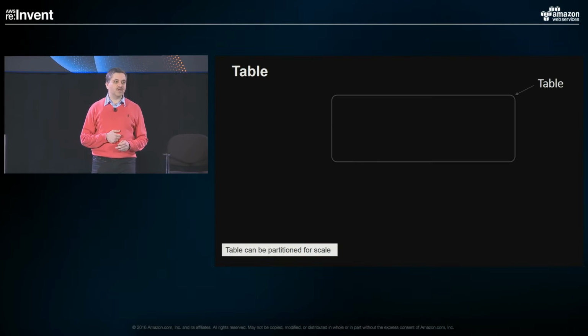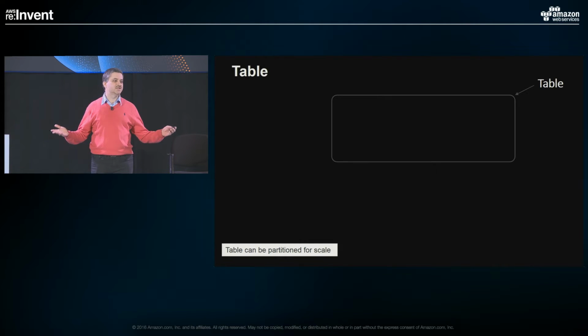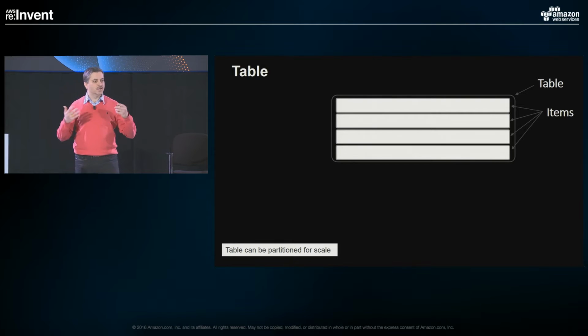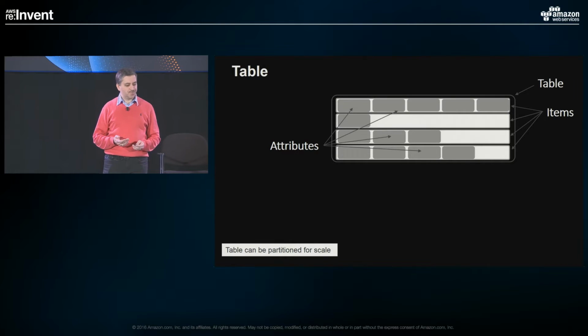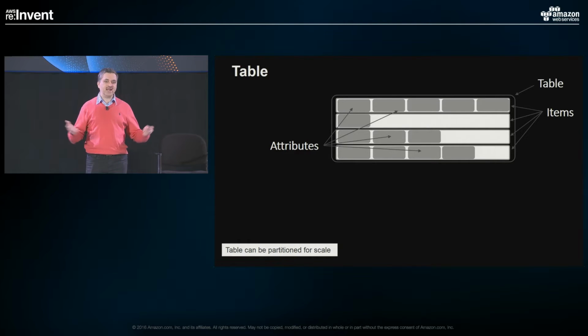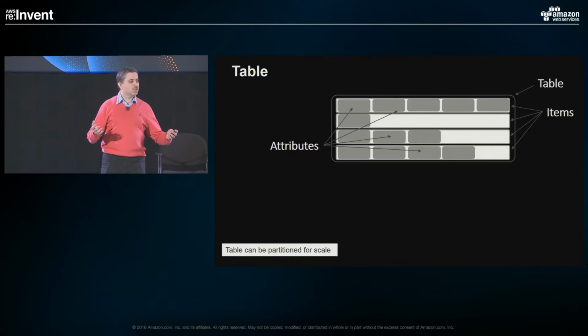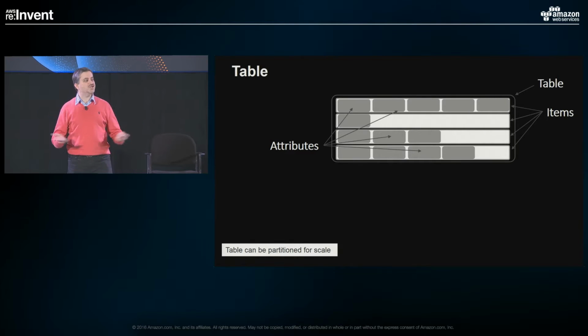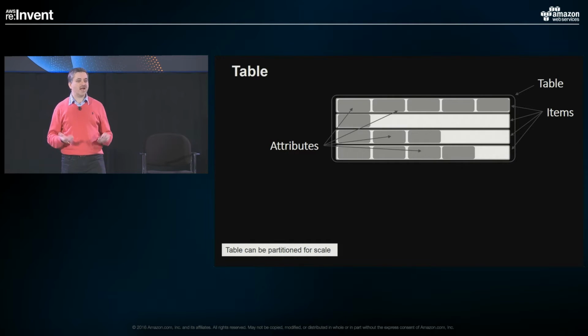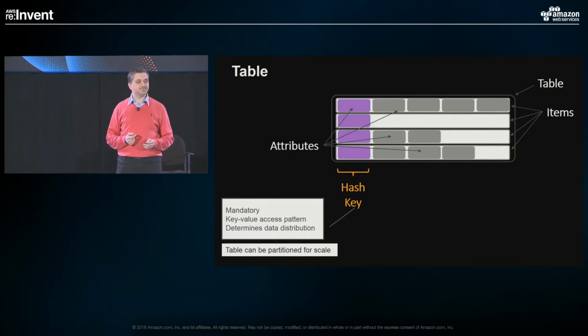For those of you coming in from the SQL world, a table is similar to a table in the SQL world. So you have table, you have rows, and columns. In a NoSQL database, you still have the construct of table, and within table, you have what we call items that are essentially rows, and each item comprises attributes that are essentially key value pairs.